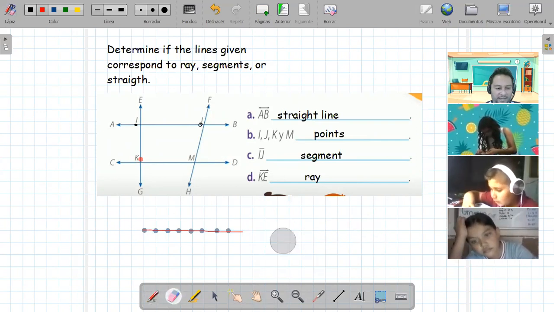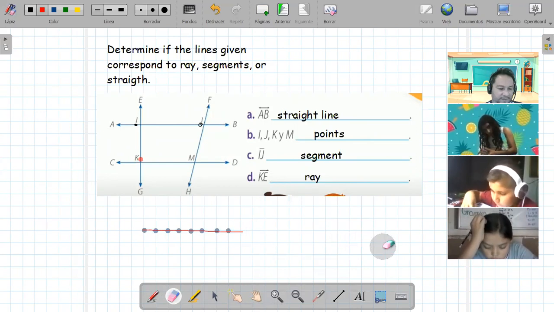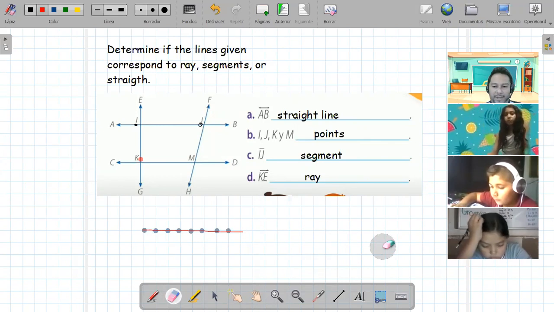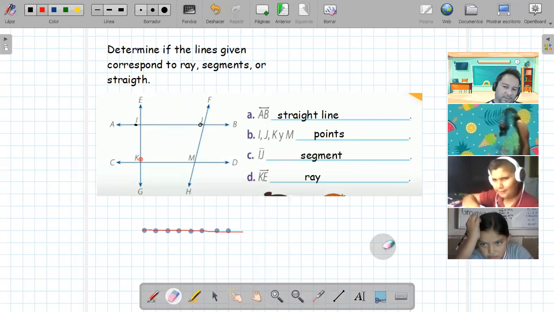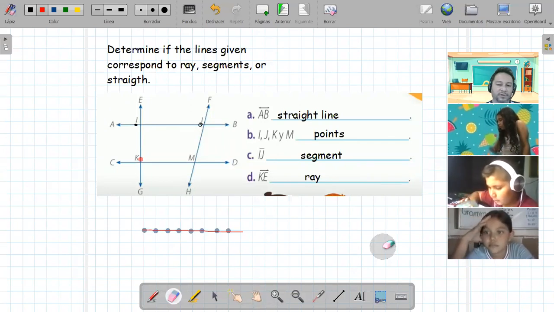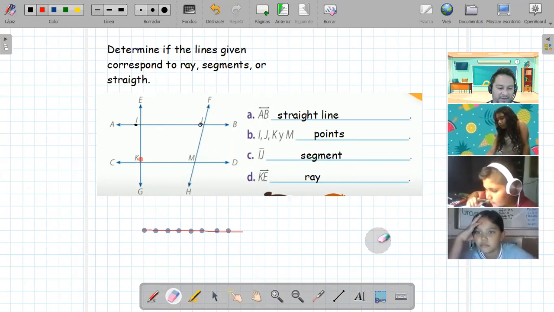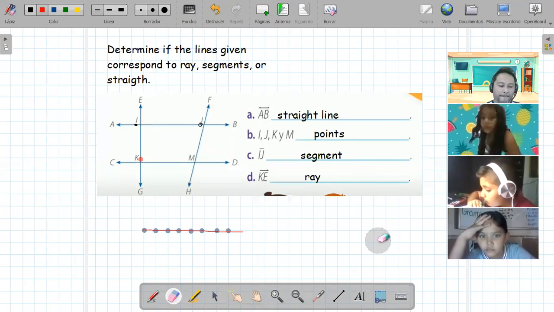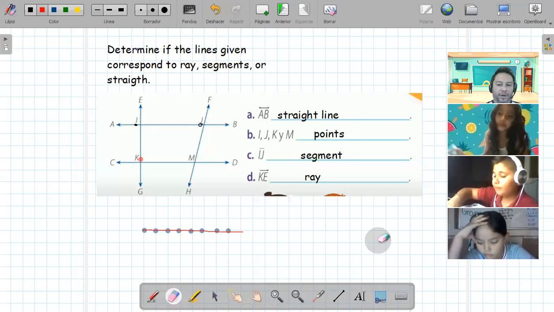Okay. The next one. It is a line of infinite points without a beginning or end. Pay attention. That is what I told you yesterday, that you have to learn to analyze what you are reading. It is a line of infinite points without beginning or end.